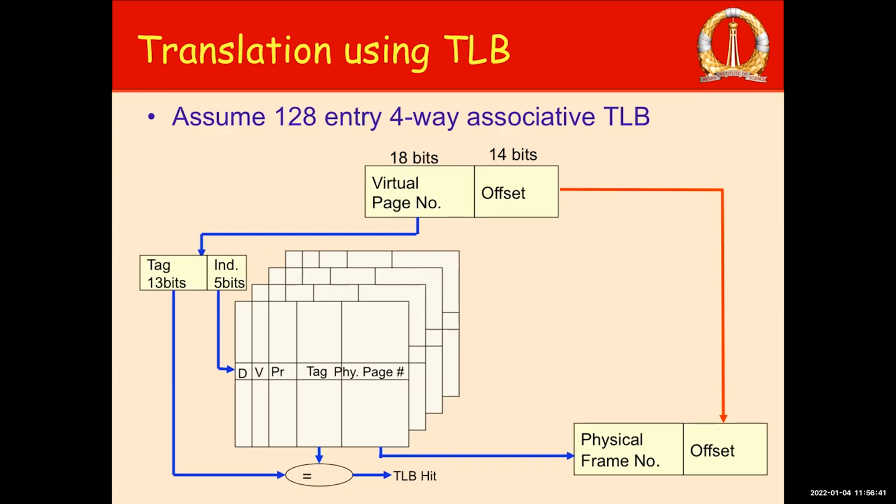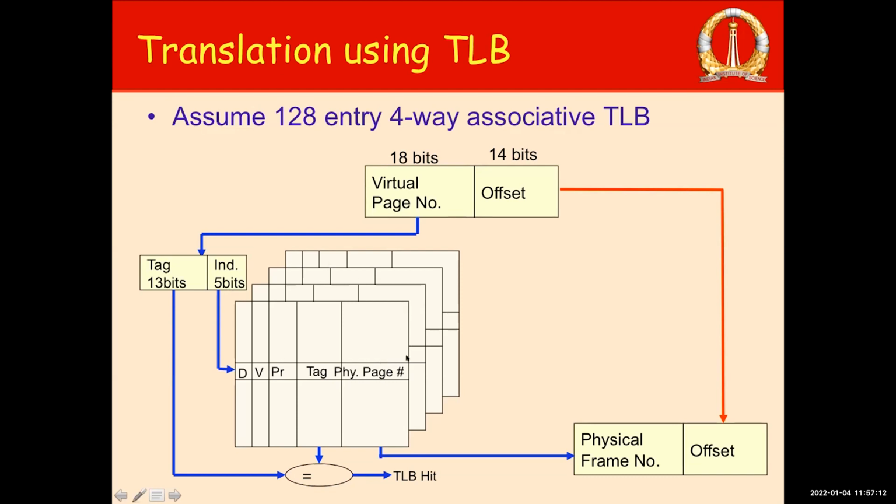If one of those entries matches this particular virtual page number, by matching the tag with the tag bits of the virtual address, then that TLB entry contains the address translation. Then I take the physical page number and concatenate it with the offset value to get the address translation. If none of these entries has a matching tag, that means this is a miss in my TLB.